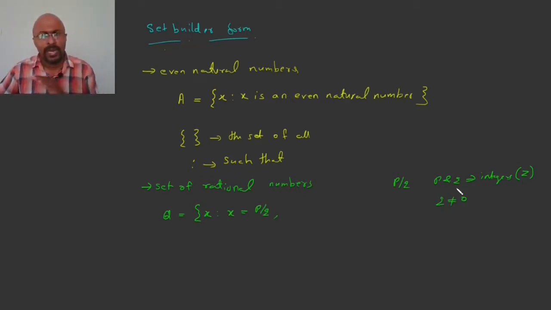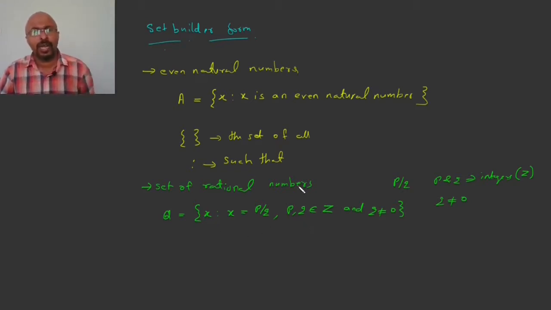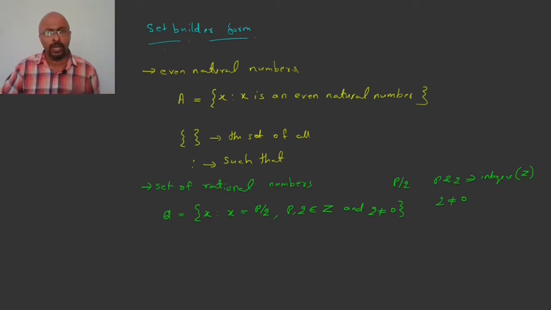Also, we know p and q belongs to the set integers. So, we are going to write that is p comma q belongs to the set integers. Now, the third and the last condition, that is q is not equal to 0. Close the bracket, and you got the representation of set of rational numbers in set builder form.